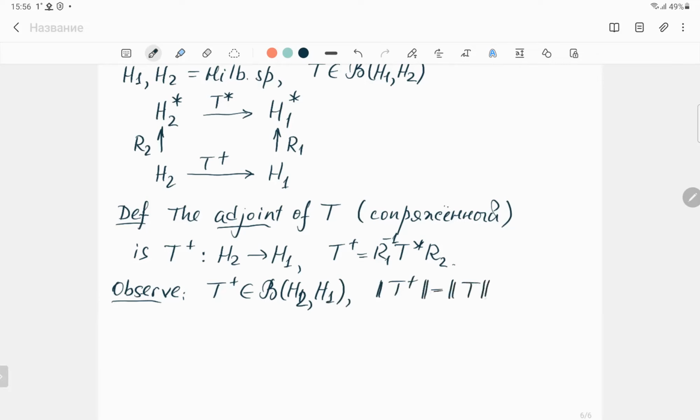Is it right that if we had an operator between H2 and H1 and we searched for the operator from H2 star to H1 star such that the diagram commutes?